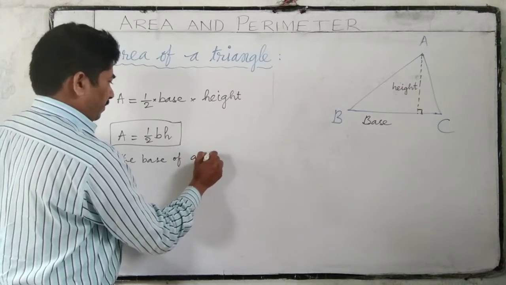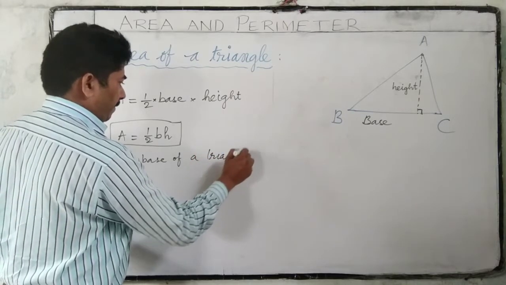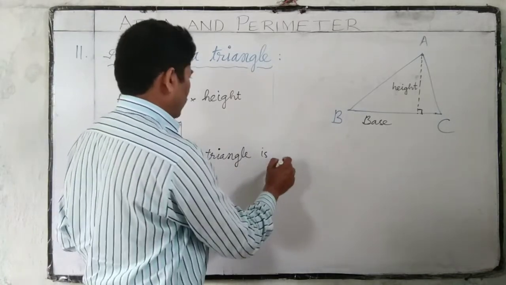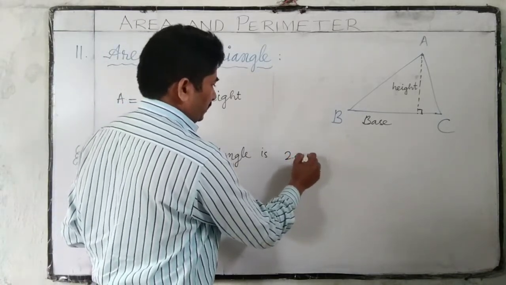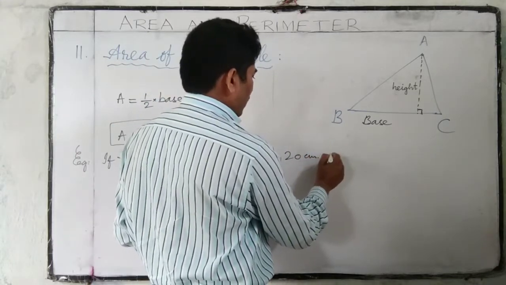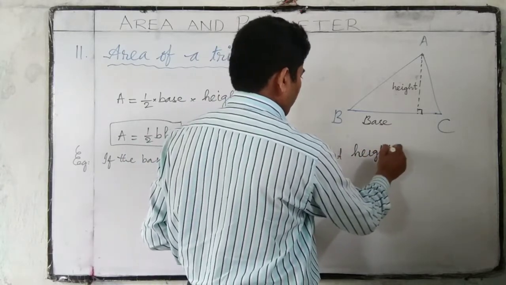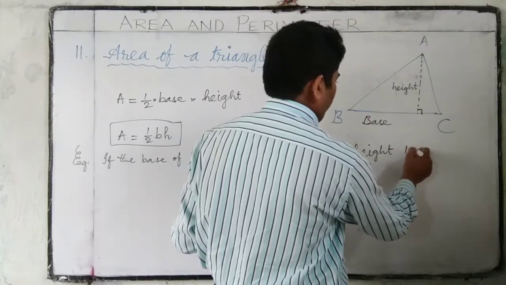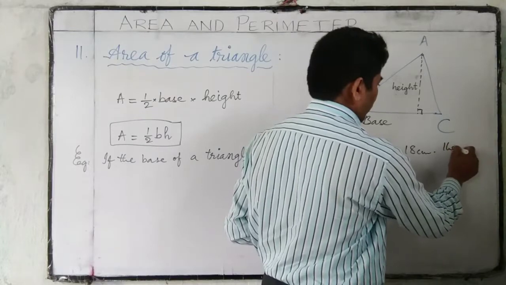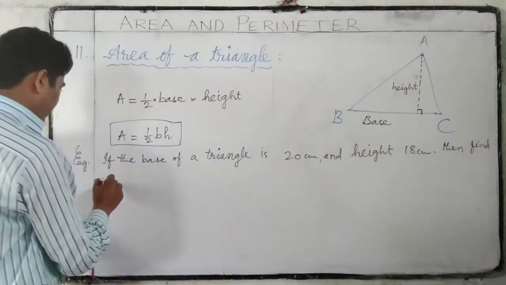If the base of a triangle is 20 centimeters and height 18 centimeters, then find its area.